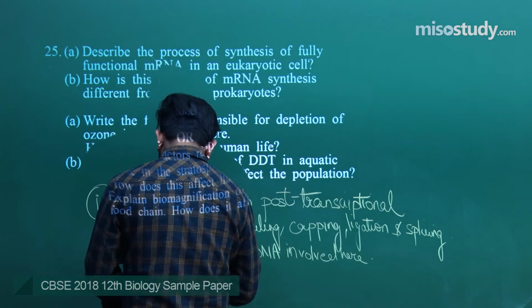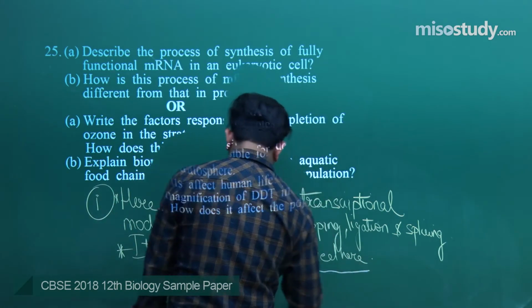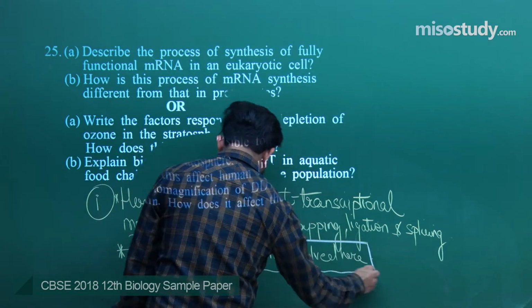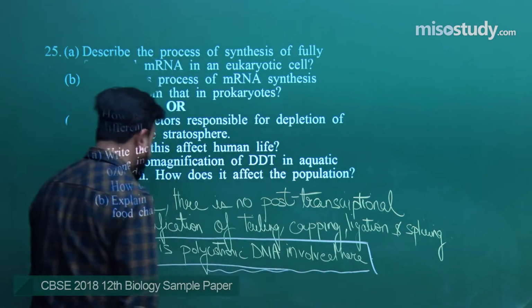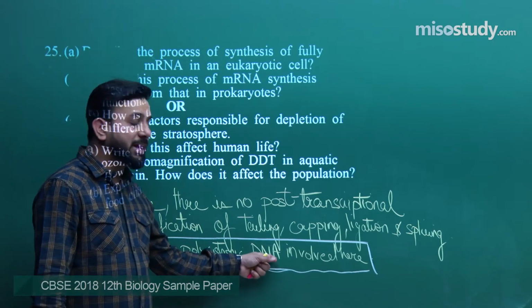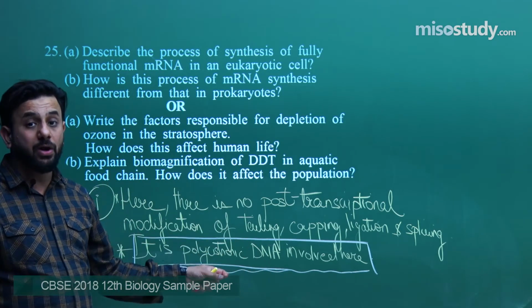The polycistronic DNA is involved in the prokaryotes.